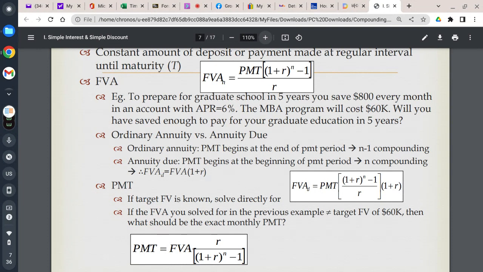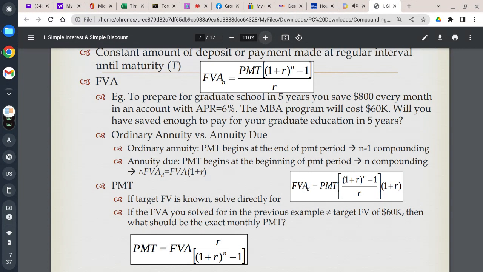So your idea is okay, I have a 5 year timeline. During these 5 years, I get a part-time job, and from my part-time job, at least I can save $800 every month. So I'm going to deposit $800 every month with interest.